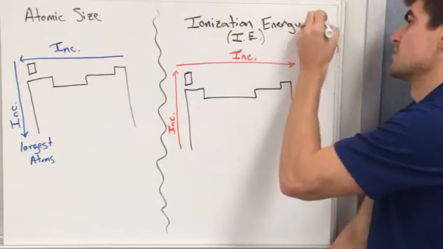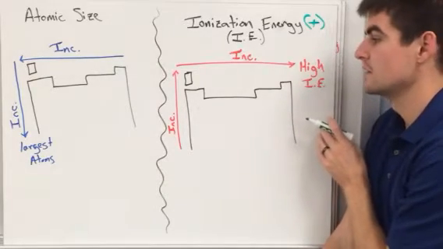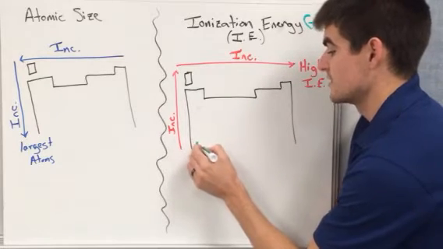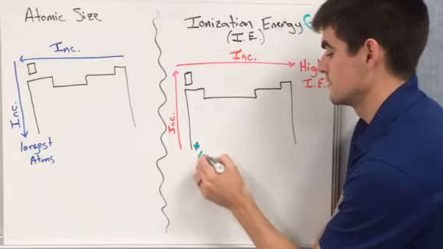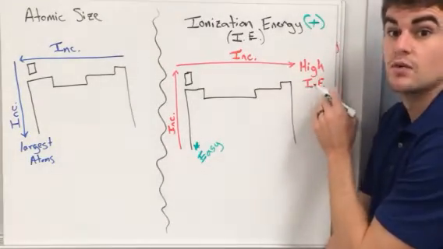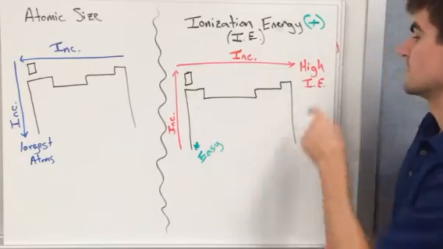It's easiest down here. It's hardest up here. That's why it's so high. It takes a lot of energy, high energy, to get an electron off of something up here.